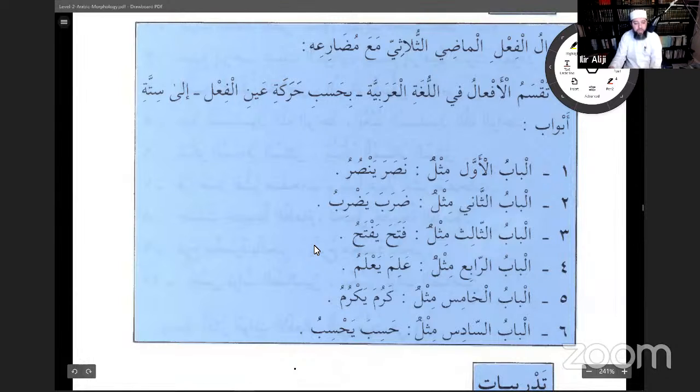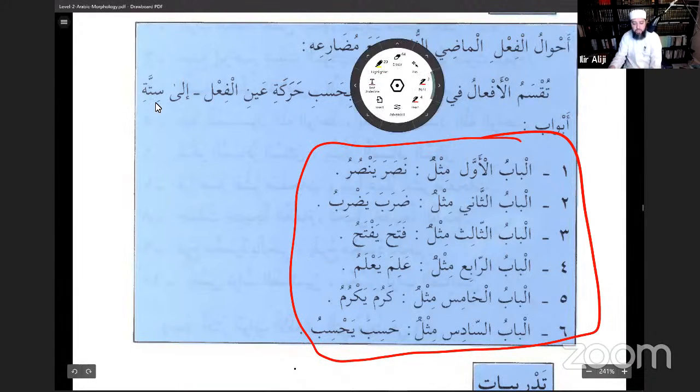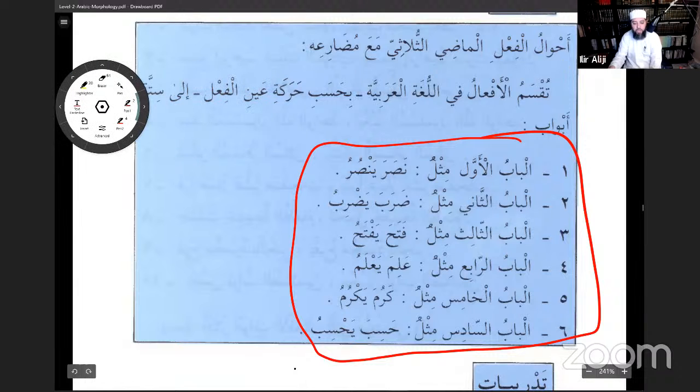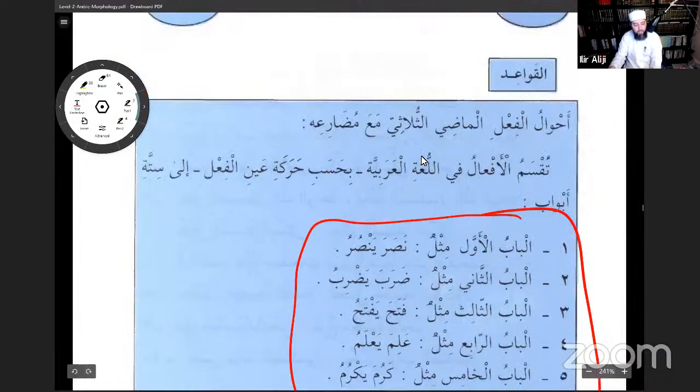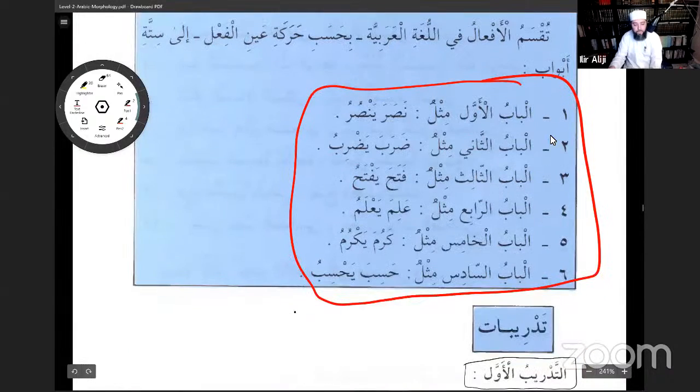If you can see my screen right now, this is what we covered here. These are the abwab right here. And if you're going by the PDF and not just watching mine, it's page 61 of the PDF and page 71 of the actual book. And remember, some of these words in the abwab are interchangeable, right?